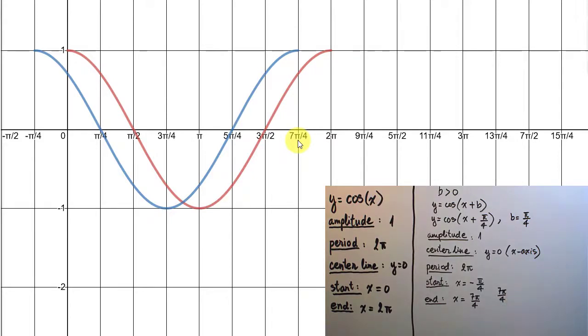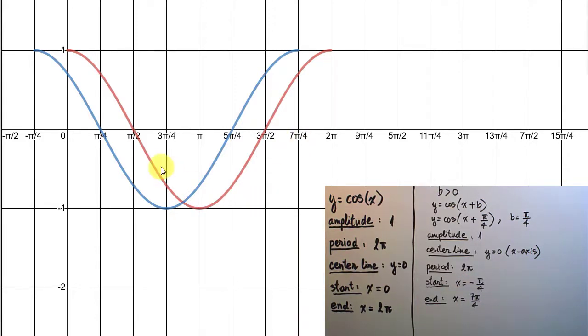And now simply subtracting the starting point, negative pi over 4, from the ending point, we end up with 8 pi over 4, which in turn reduces down to 2 pi. And this is now perfectly consistent with what we estimated earlier, that our period was 2 pi.